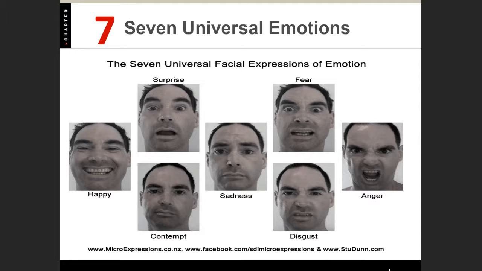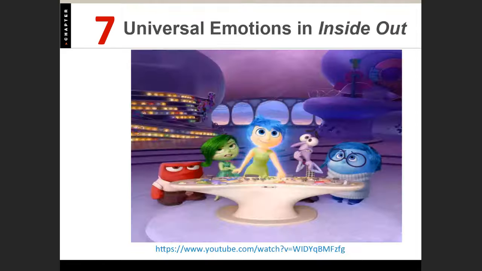And it's really interesting, if you've seen the cartoon movie Inside Out, the producers of that movie did a really good job of depicting anger, disgust, joy or happiness, fear, and sadness. And it's a really nice portrayal of our universal emotions.